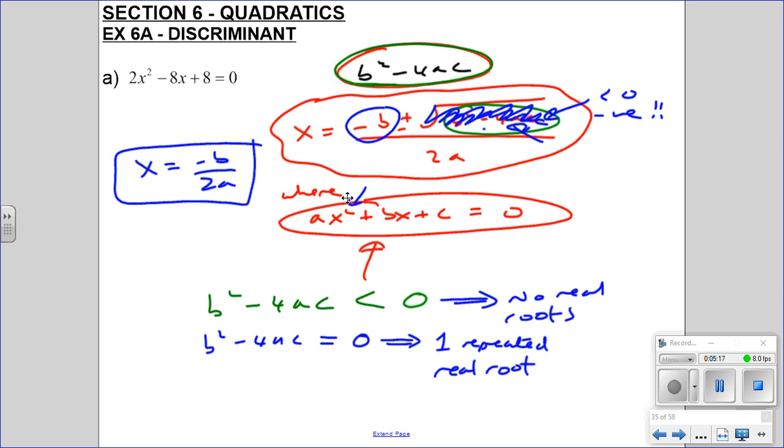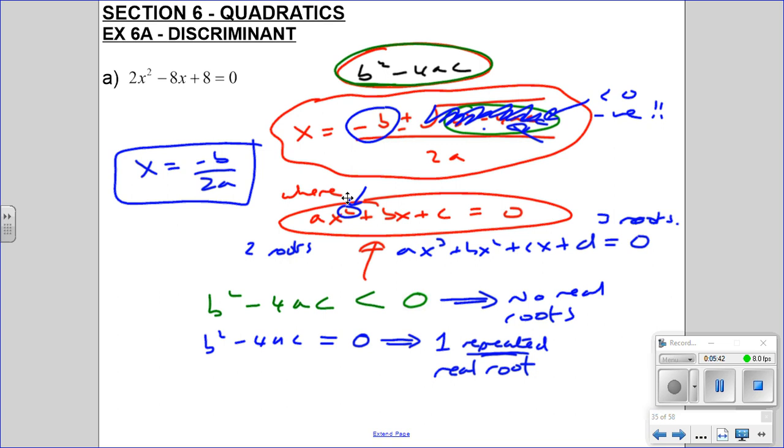Because in ax squared plus bx plus c, as there's a squared as your highest power, that would mean two roots. Whereas if you had ax cubed plus bx squared plus cx plus d, so this is a cubic, you know this is going to have three roots, etc. So this is why we call it a repeated real root, because essentially both roots are in the same place.